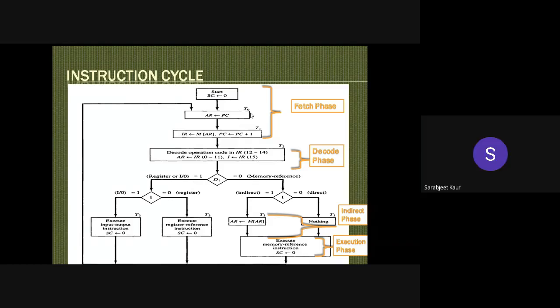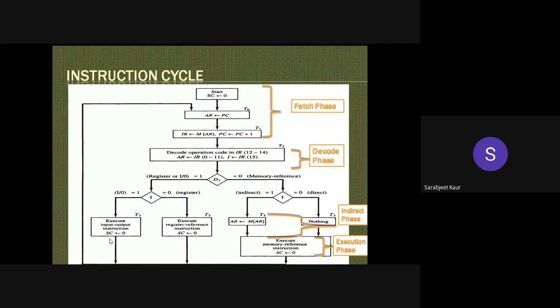Now, one more thing to be noticed here is that because the memory reference instructions can involve indirection, this step, where we need to go to the memory again, is why they are longer than the register reference and IO instructions.